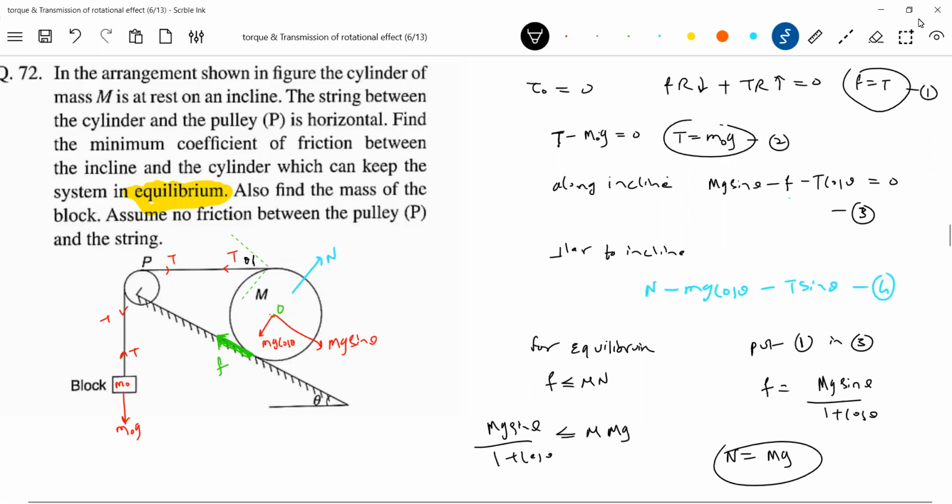I'll get an expression for mu. Then how do we calculate m naught? It is needed, no? So you know F, substitute here, then T is equal to F. If you know the tension, then you can find m naught. So I'll write down the m naught value. You do the calculation later on. These are our answers.